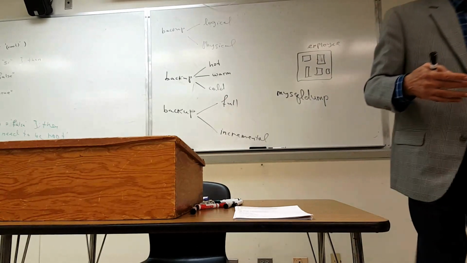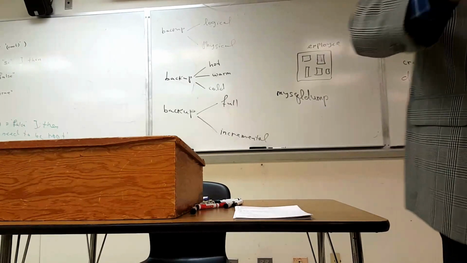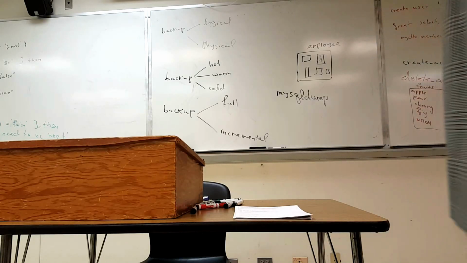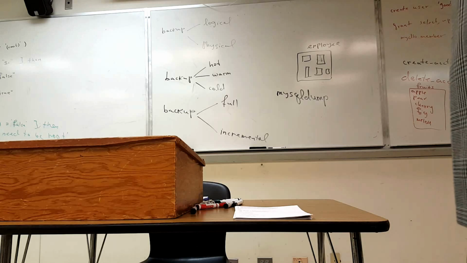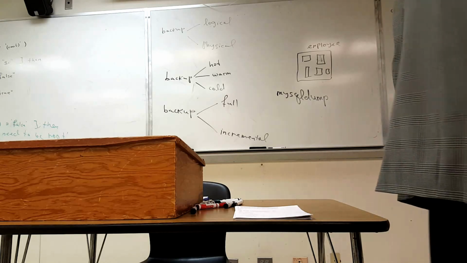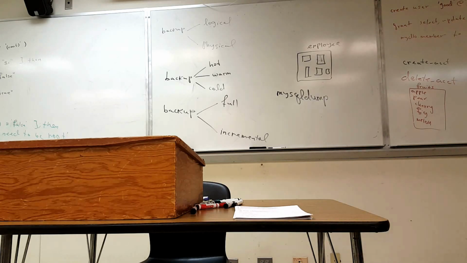mysqldump has a bunch of options which are familiar to you. One option is -u for the user. The other option is -p for the password, which we have learned, right? So whenever you use mysqldump, make sure you use -u, -p, and if you are using a different host, -h for host.